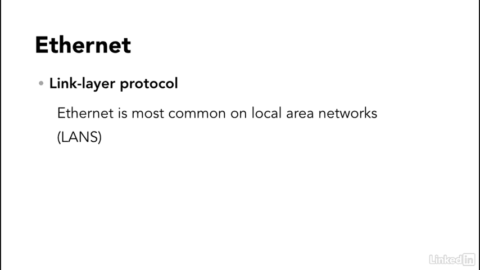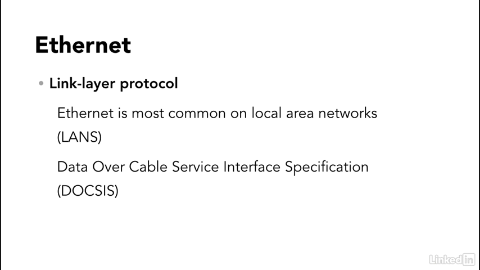In other words, it is designed to link different machines together. Ethernet is the most common link layer protocol on local area networks, sometimes called a LAN. Another link layer protocol we see commonly used today on much larger networks is called Data over Cable Service Interface Specification, sometimes abbreviated as DOCSIS.